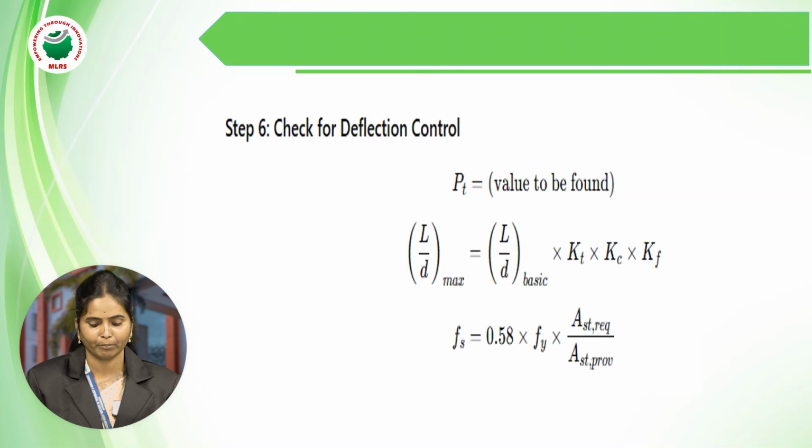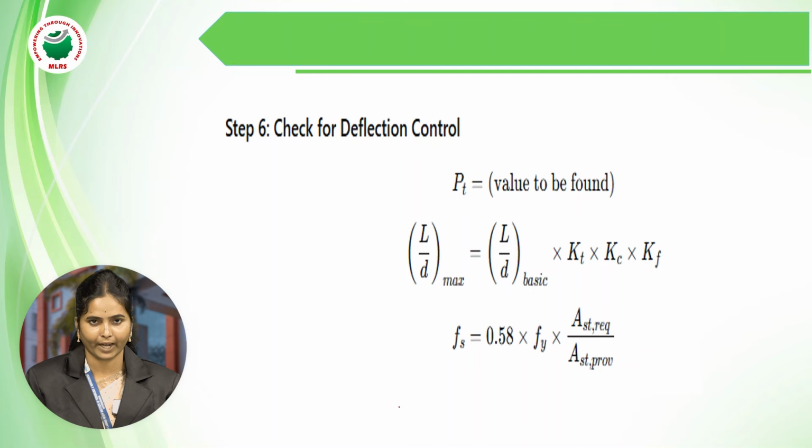Next, step number 6, check for deflection control. What is the condition here? L by d max is equal to L by d basic into kt, kc, kf. kt, kc, kf are the three modification factors.